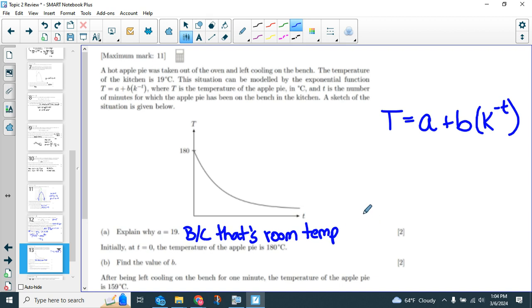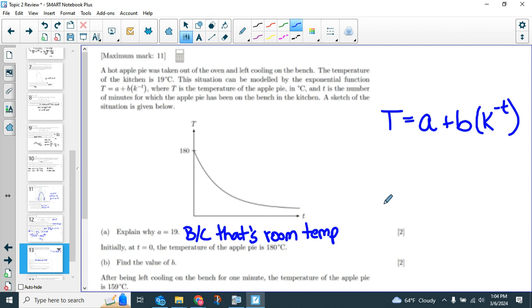It's not like if you leave something out at 19 degrees, it's going to cool down to 6 degrees. It will never go lower than what the surrounding temperature is. So if the room is 19 degrees, then the pie can never cool to lower than 19 degrees. Make sense?